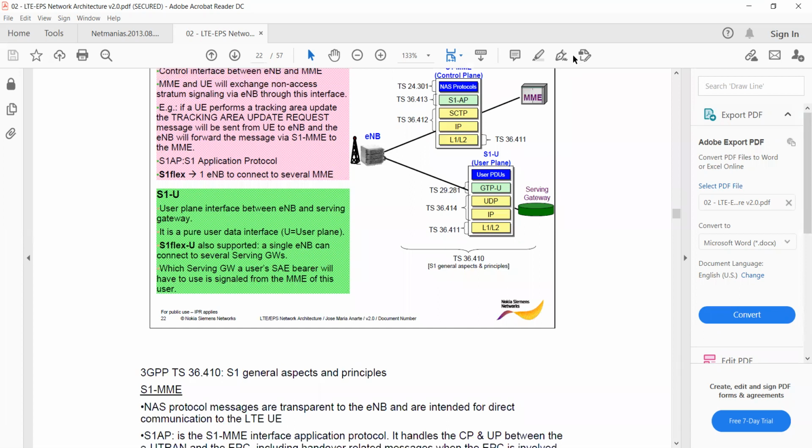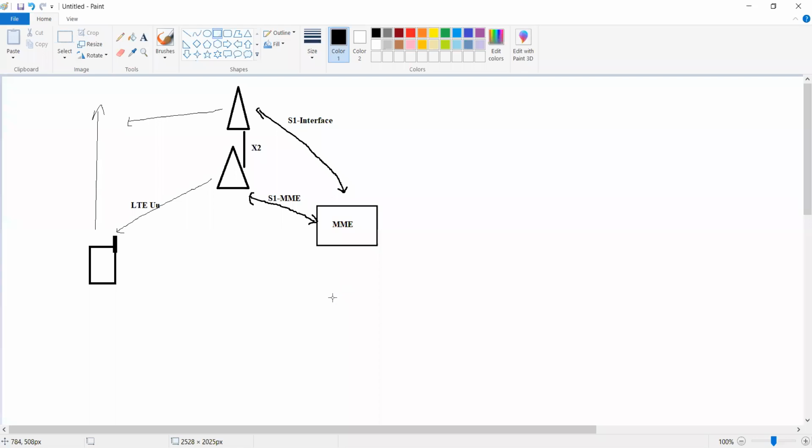So that's it about S1-MME. And next is the S1-U interface. S1-U means it's a user plane interface. In the architecture we have the S gateway here.